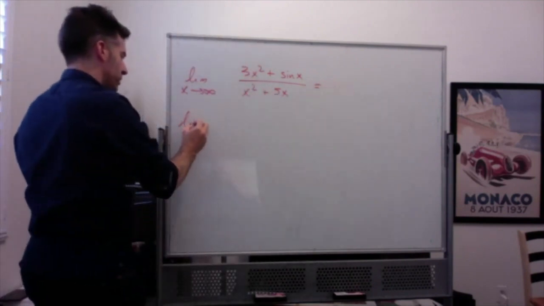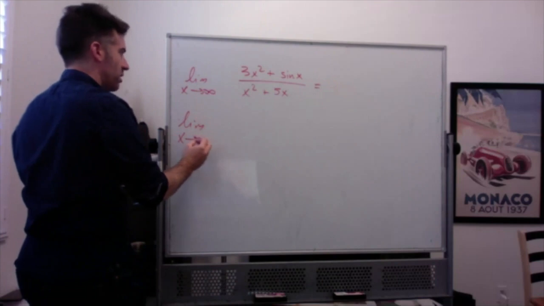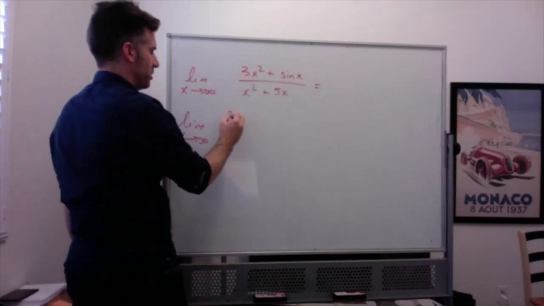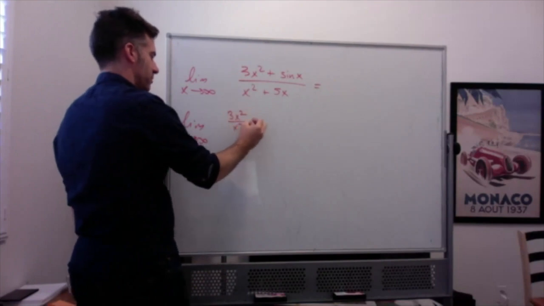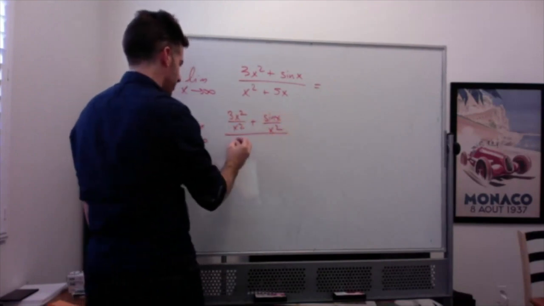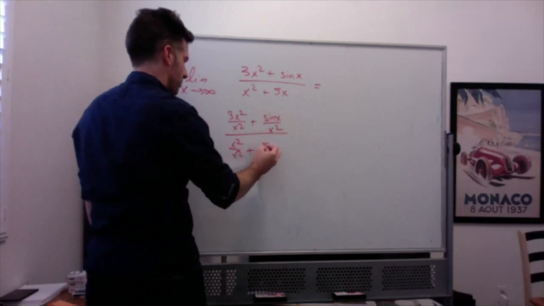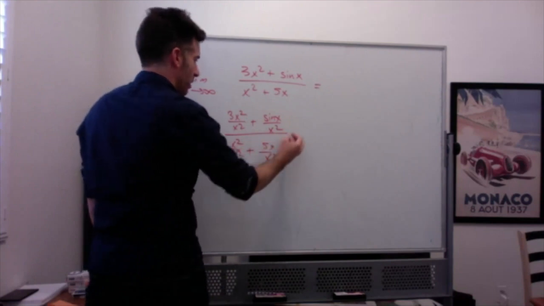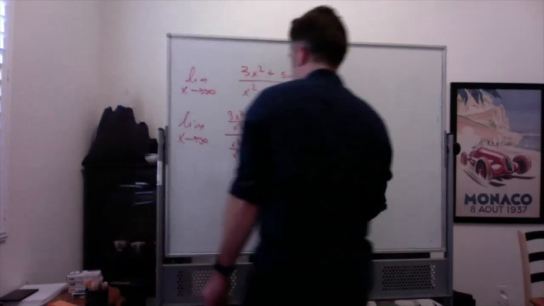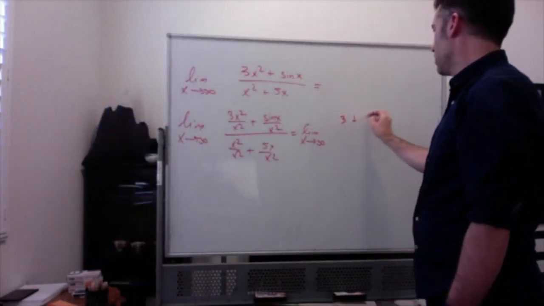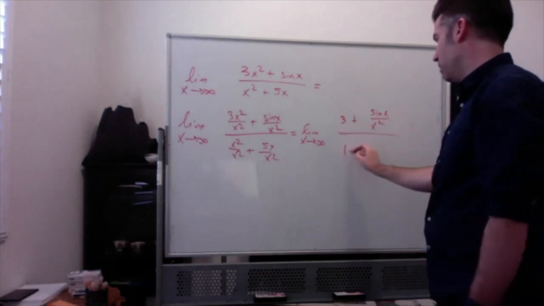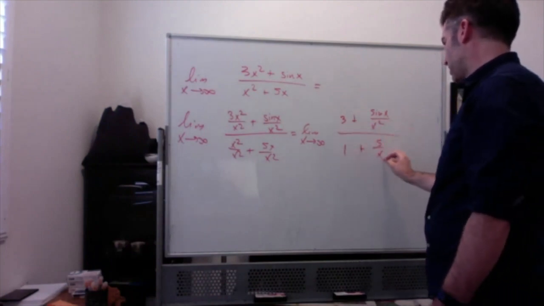So divide each thing by x squared. And then we get the limit as x goes to infinity of 3 plus sine x over x squared over 1 plus 5 over x.